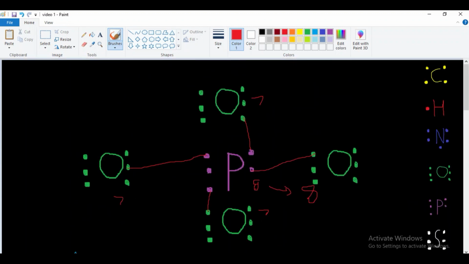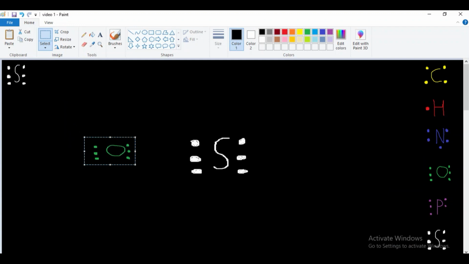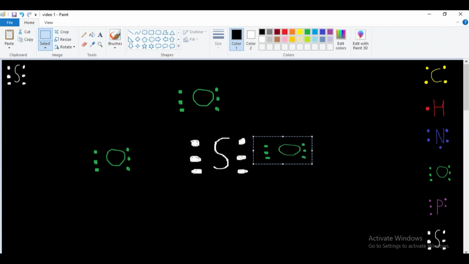Okay, so moving on to the next, SO3, which is our sulfite polyatomic ion. So here is our SO3.